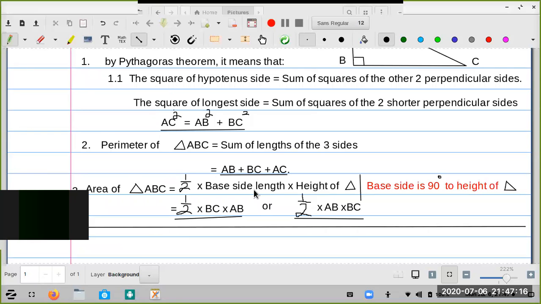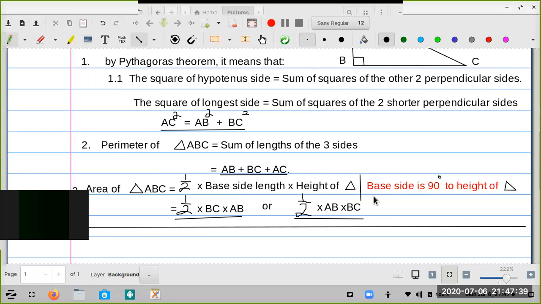So we've got a side that we refer to as the base side, and a line or a side. In this case, for a right-angled triangle, we have a side that we are going to refer to as what? Height. So these two, base and height, can be interchanged. Especially for a right-angled triangle, we can interchange them, it's not a problem.